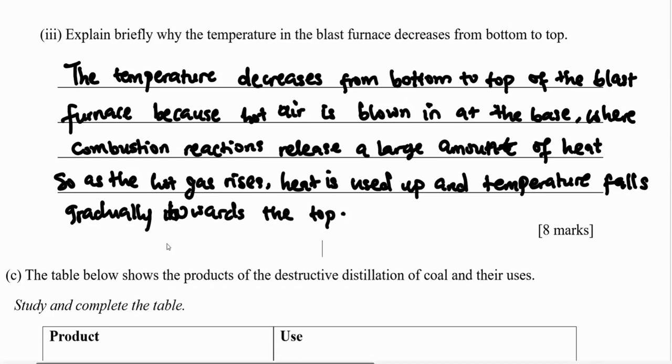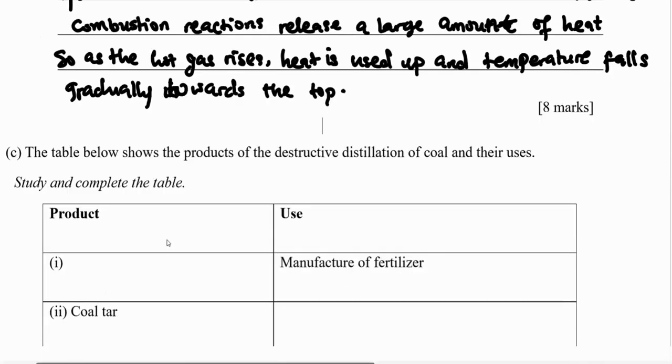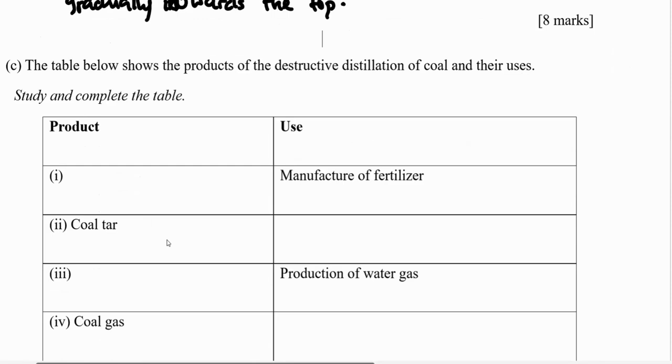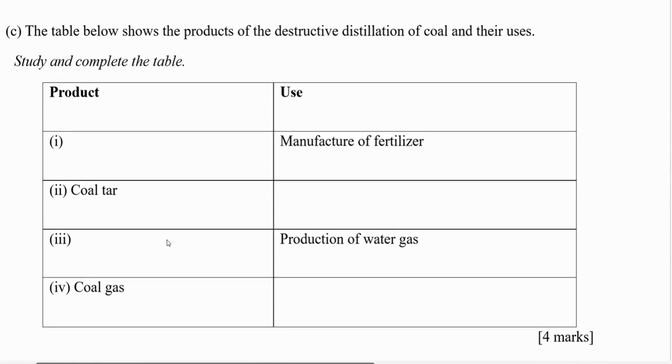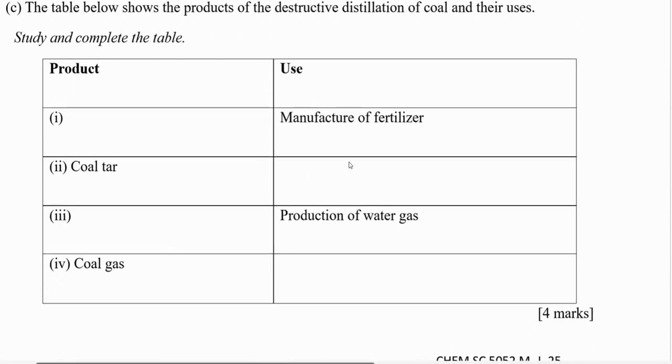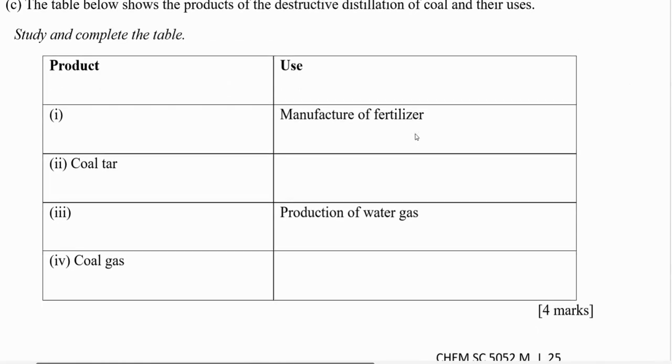Now the next question says, the table below shows the products of the destructive distillation of coal and their uses. So to complete this, manufacture of fertilizers. Okay, so the product that would be useful in this is ammonia.